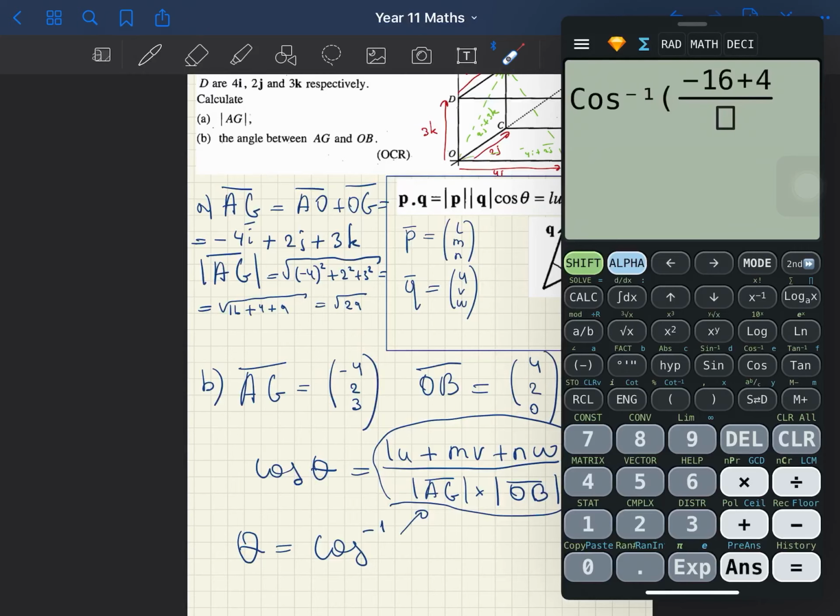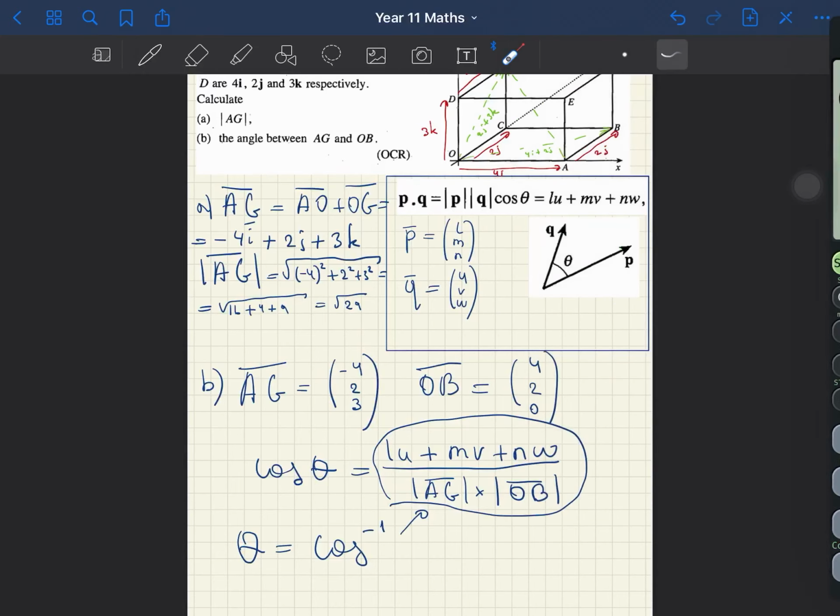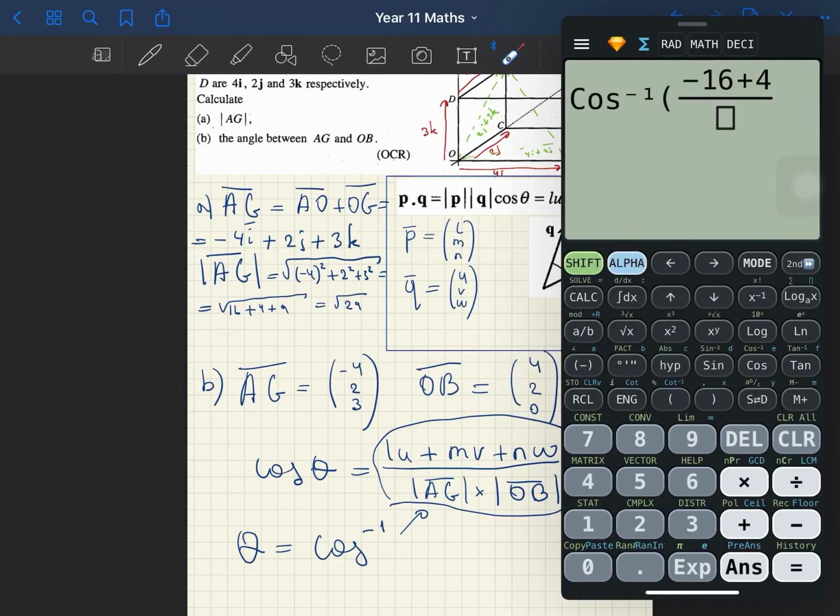So AG is, what is it going to be? It's going to be square root of 29, and OB is square root of 4 squared plus 2 squared, right? Like this. Then we close the brackets finally, and we get our answer.